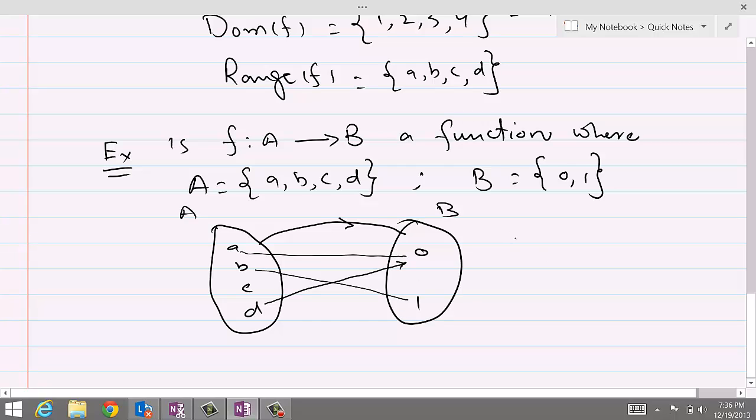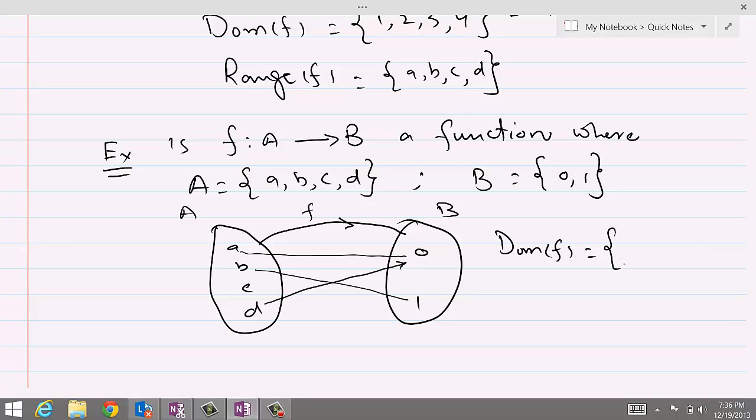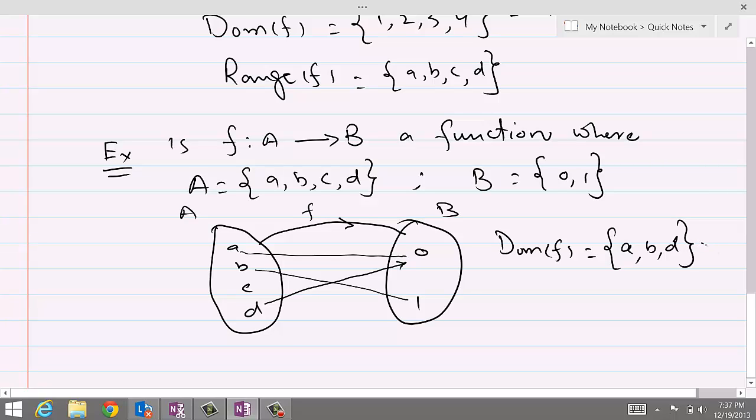So what is the domain? If this relation is a function, then the domain of the function f is equal to, now this time we are going to take a look at the elements of A which do have an image in set B. a does have an image because there is one line that originates from a, b does have an image and d does have an image. But as you can see, this is not equal to A because c doesn't have any image.